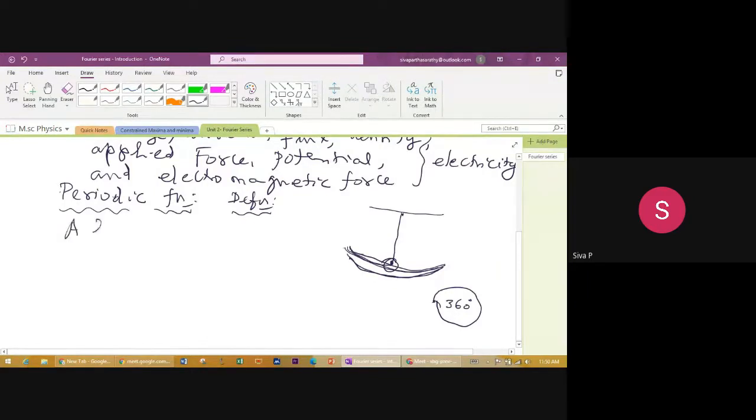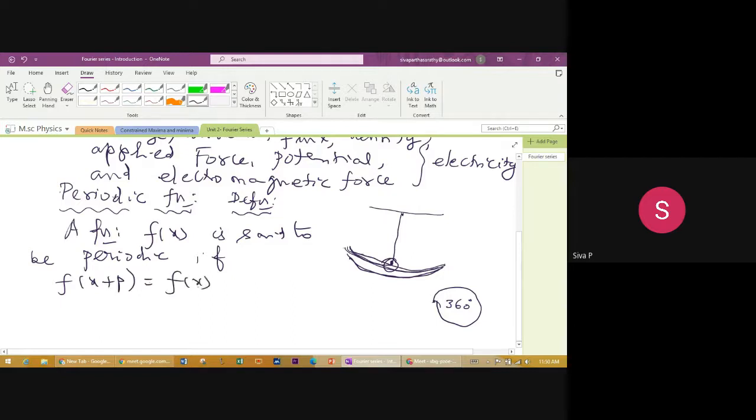The function, any function you consider f of x. The function f of x is said to be periodic if f of x plus p equals f of x.